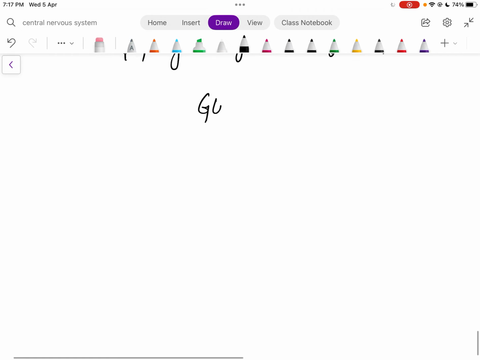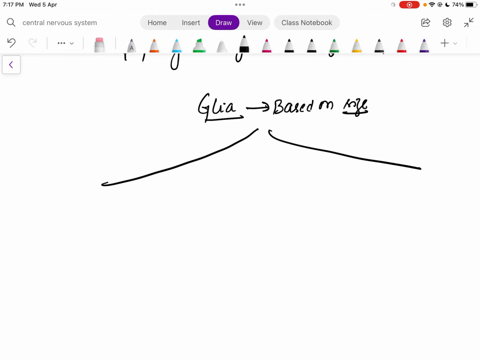These glia, based on size, are classified into microglia and macroglia.